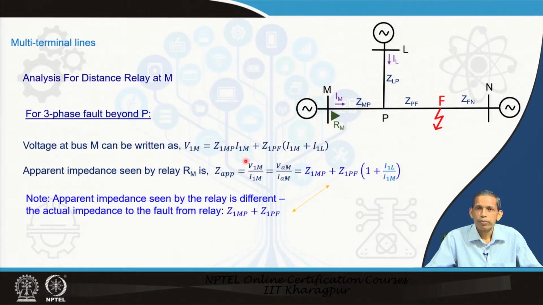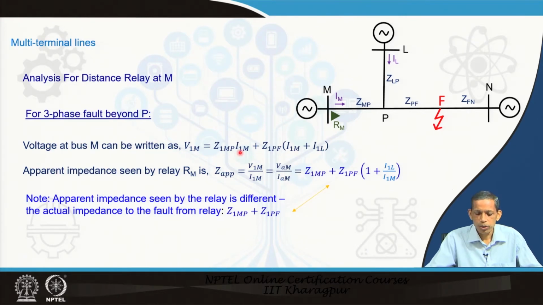But we know that the positive sequence voltage and current is the same as the phase component of voltage and current for each phase. The apparent impedance seen by relay Rm for this 3 phase fault equals V1m by I1m, which equals Vm by Im, as you know.